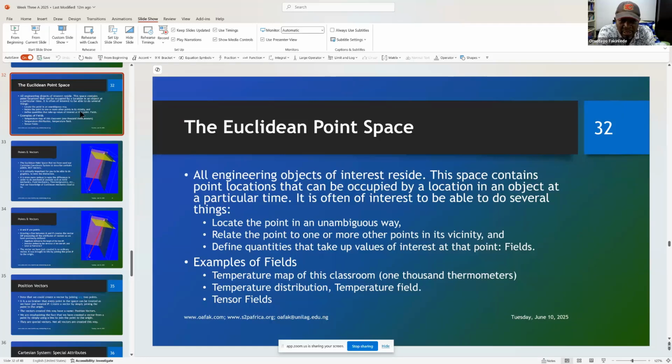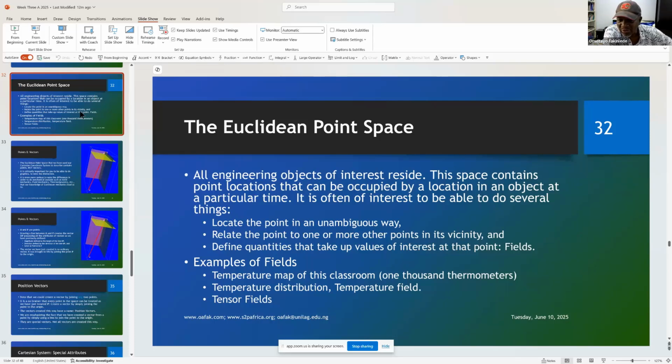Two, can we relate a point to one or more points in its vicinity? Can we say this is point A and point B is a point not too far from it? Because we may be interested in the line joining them, and the object between them, and what happens when the points move apart from each other. For instance, how can points move apart?